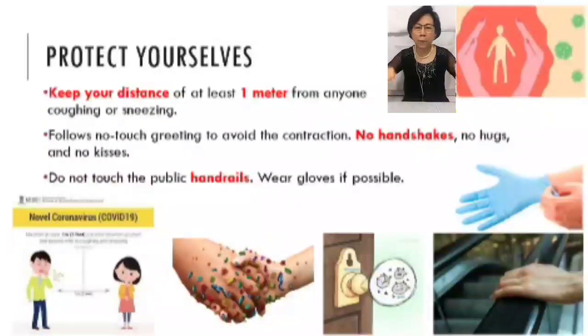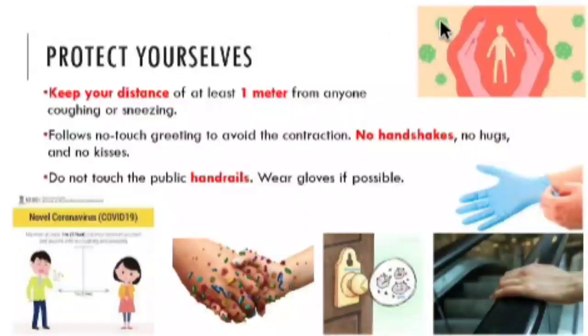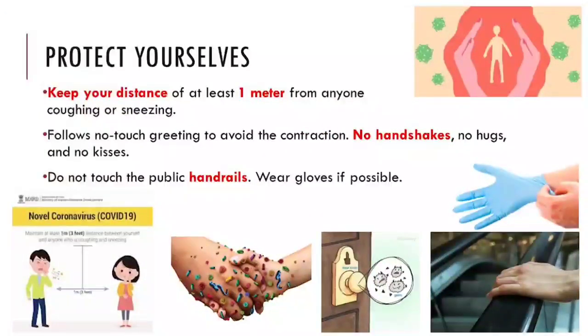And if you need to go to the public toilet and open the doorknob, and you're not sure whether the doorknob is contaminated with the virus or not, wear your glove. So you have many pairs of gloves in your handbag. Once you use it, you pull it out and dispose it. And by doing all this, you are already helping yourself, protecting yourself from the virus, and also protecting yourself from carrying the virus back home to your loved one.